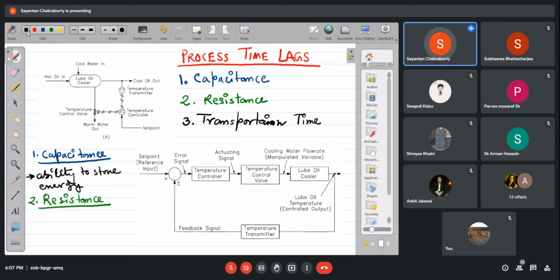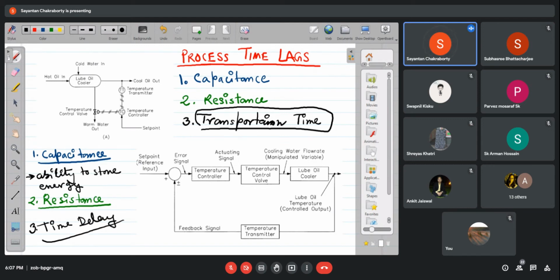The third point, which is a bit different, is the transportation lag. This is nothing but plain and simple time delay. It has no other physical property. It's simply a physical time delay in the process.